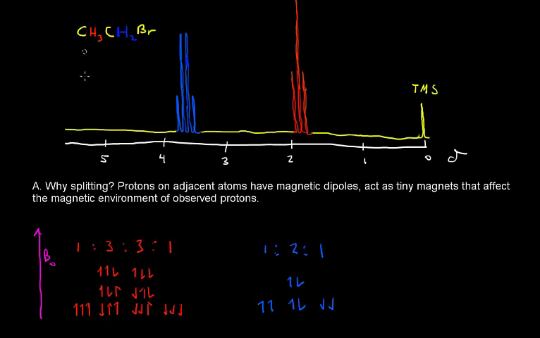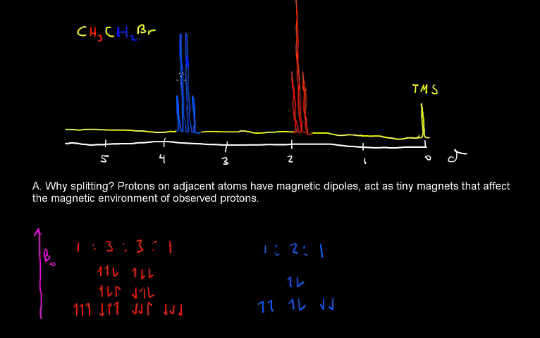The arrangement where all three of these protons are aligned against the applied magnetic field will reduce the effective magnetic field on these two protons, and therefore that will give us the lowest frequency, highest field, of the resonances in our quartet.